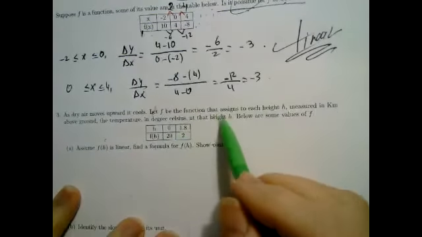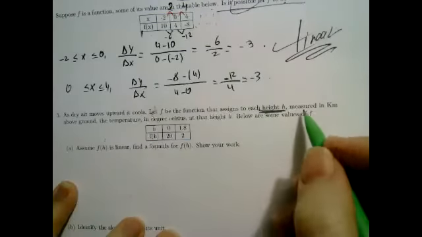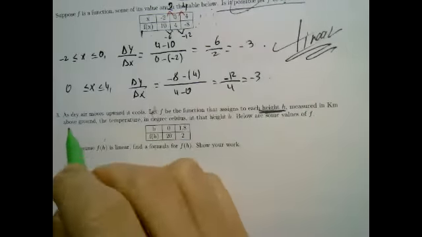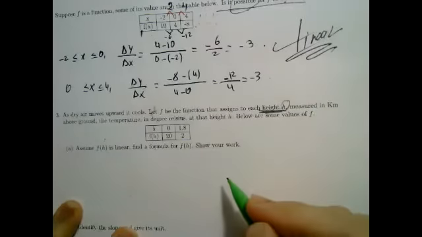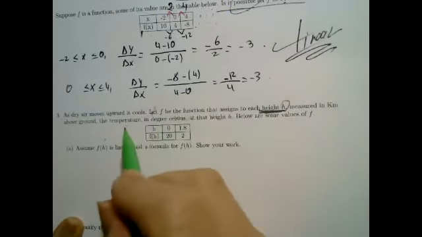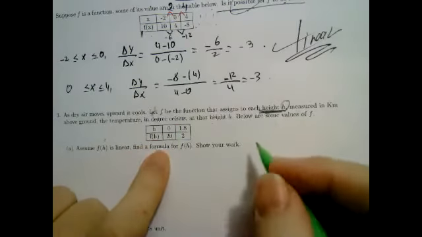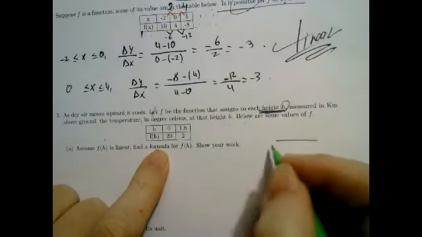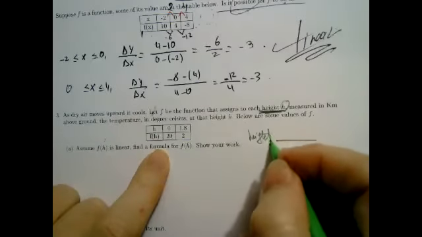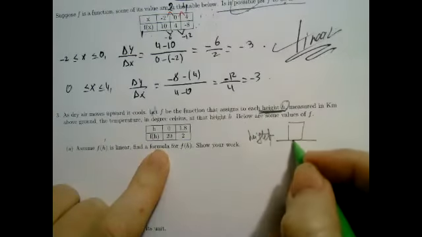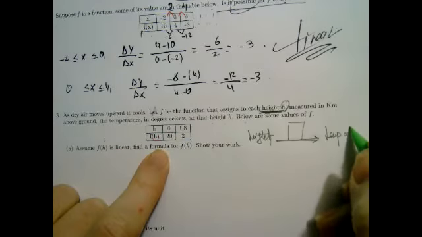Let f be the function that takes the height, measured in kilometers above ground, and gives the temperature in degrees Celsius at that height. So what does f do? f takes for input the height above ground, and it spits out the temperature at this height.